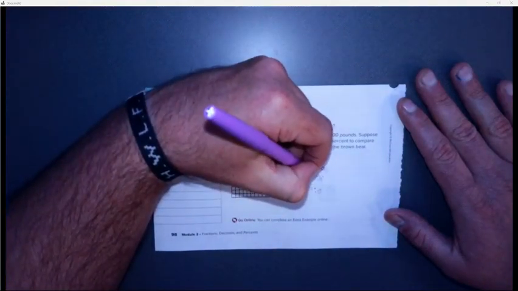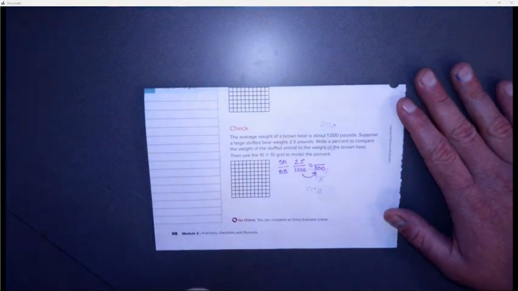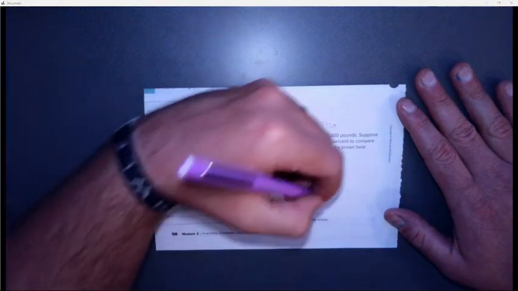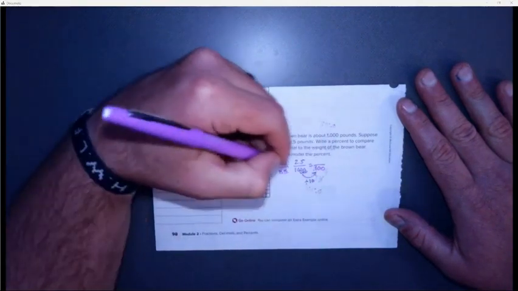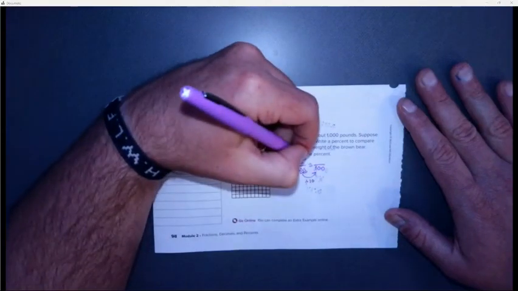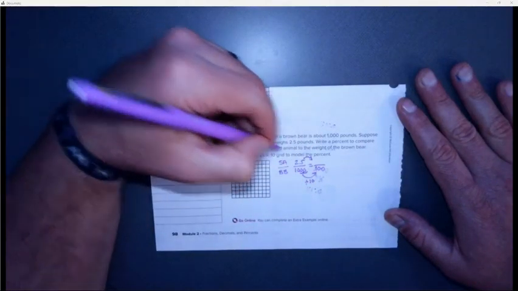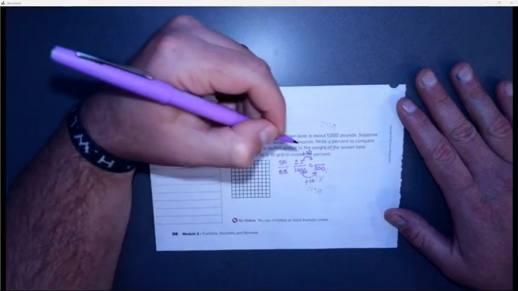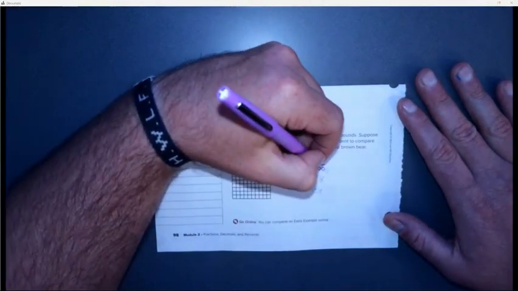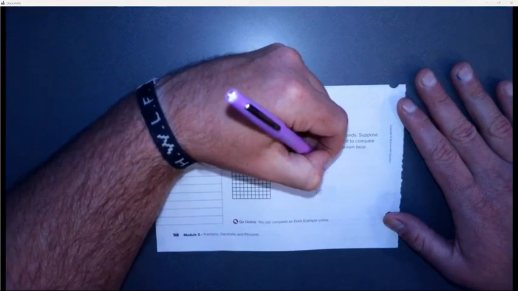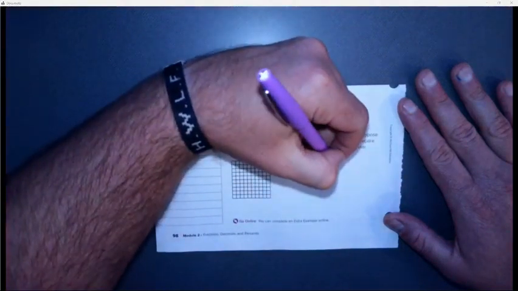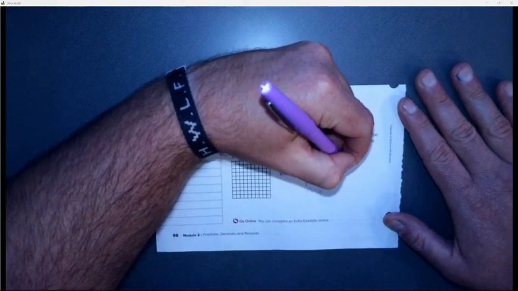Like earlier, if I need to go from a number to 100, I know I can move my decimal to the left 2 times. So if I do that, I'm going to get 10. Okay, so 1,000 divided by 10 gives me 100. So I'm going to do 2.5 divided by 10, and that will give me 0.25. 0.25 per 100, which is 0.25%.